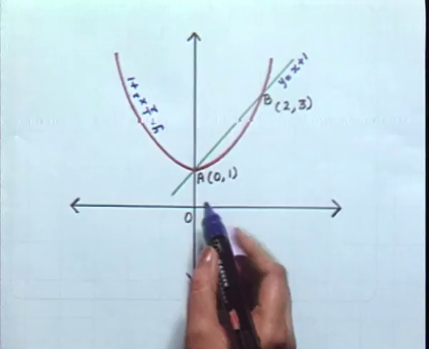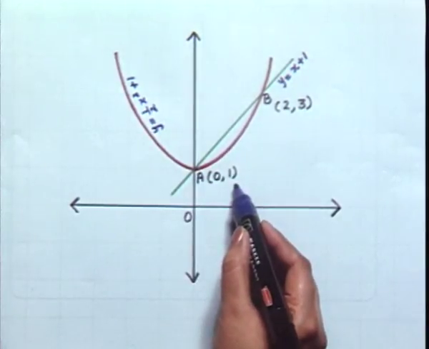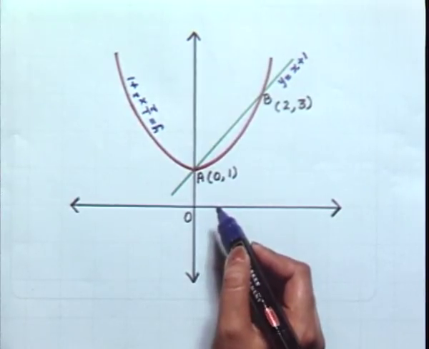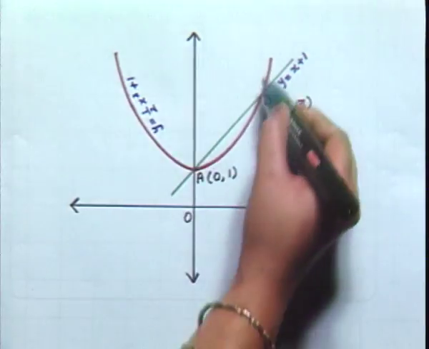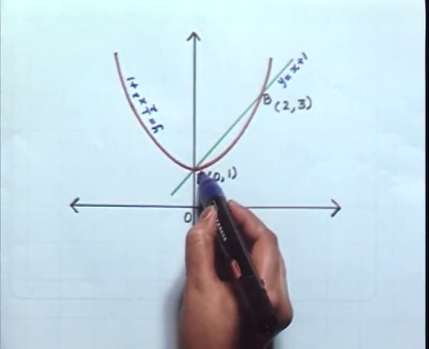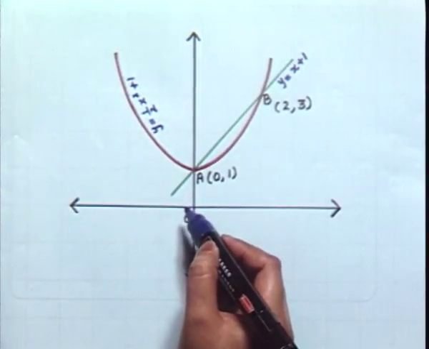Now, keep in mind you have half x square plus 1. So, it is a parabola, but not in the standard form. Its vertex can be calculated, and the vertex comes out to be (0, 1). For that, you may either reduce it to the standard form, or, since you are experts in finding derivatives, you can use the concept of differentiation. This is a U-shaped curve, where this is the point of minima, so you can take dy by dx of the function and put it equal to 0, and use the concept of local maxima and minima to find the point where the curve is going to turn.